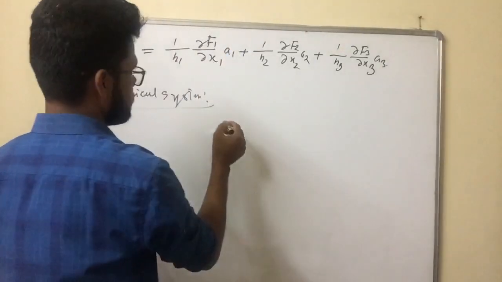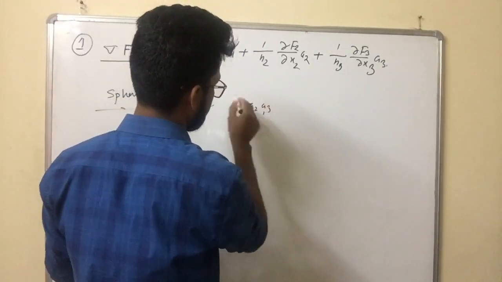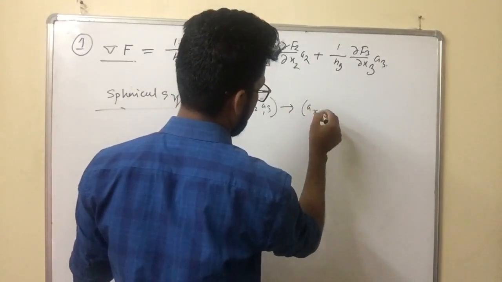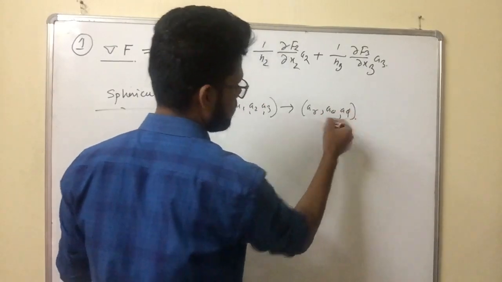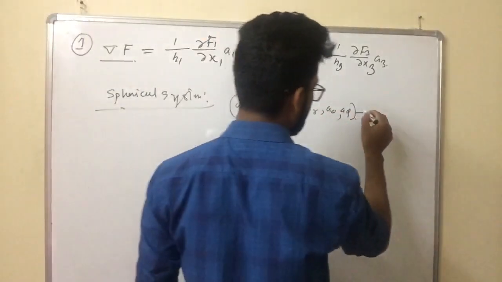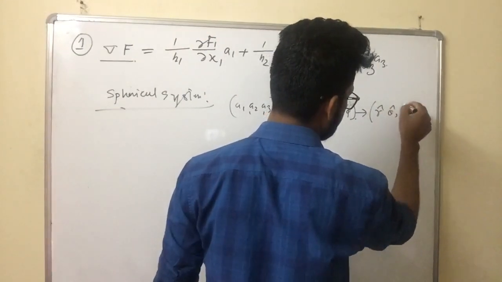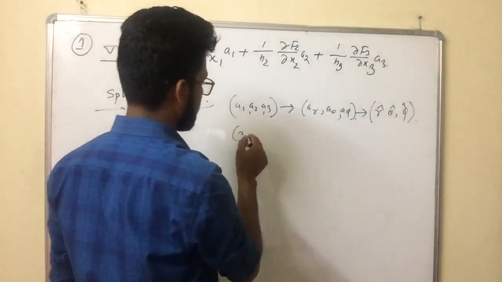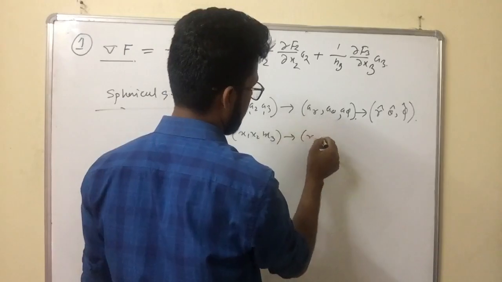In the spherical system, a1, a2, a3 become ar, a theta, a phi. These are unit vectors. Remember, if you get confused, r cap, theta cap, phi cap. Similarly, x1, x2, x3 become r, theta, phi.